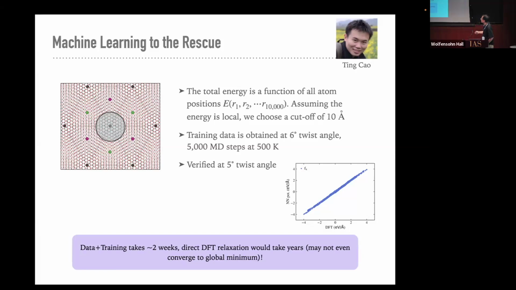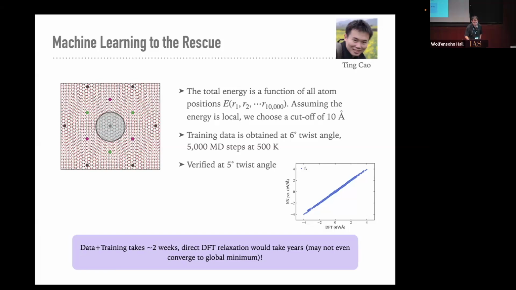And finally, we can also verify this because the training is done at 6 degrees. Then we can verify this neural network representation of the interatomic potential at 5 degrees. You can see that this is from direct DFT calculation, this is from our neural net, and it agrees really well. So with the neural network trained, we can easily obtain the relaxation pattern within seconds.